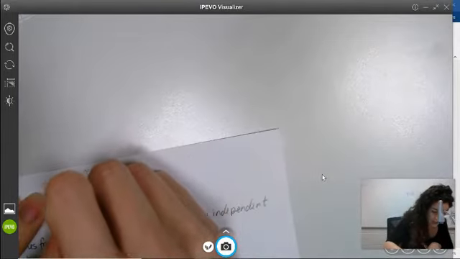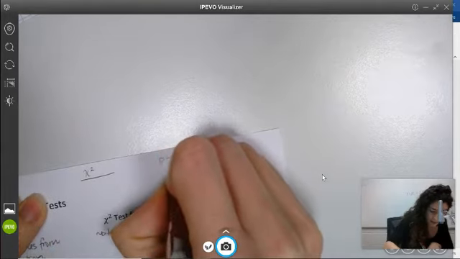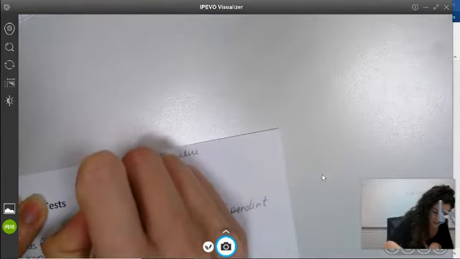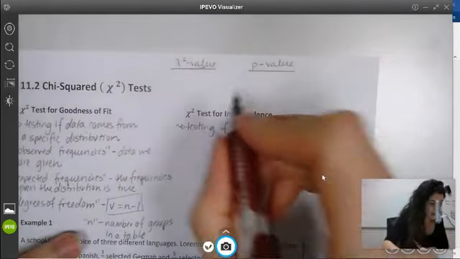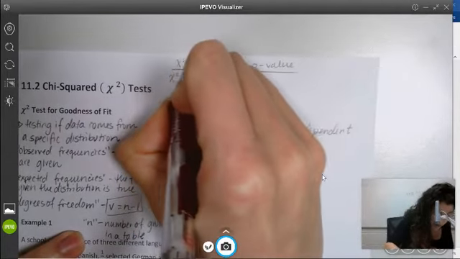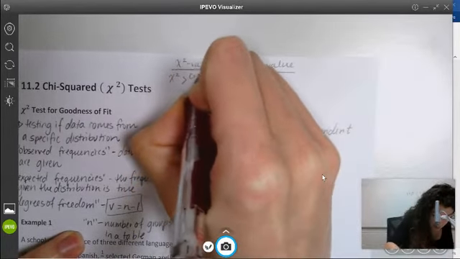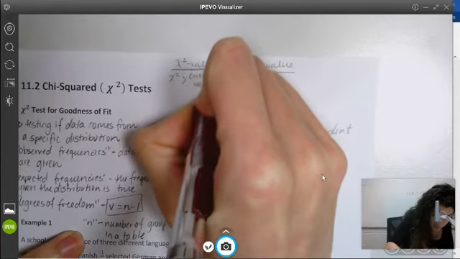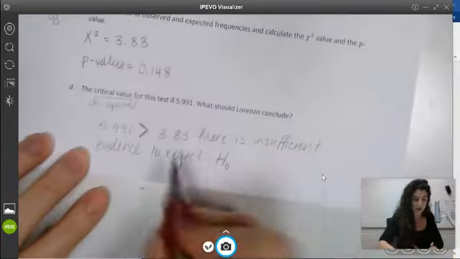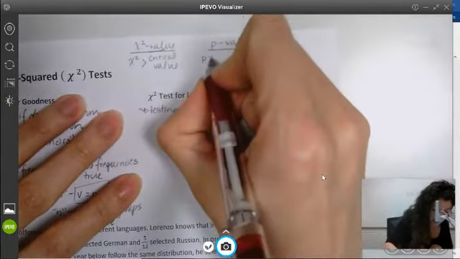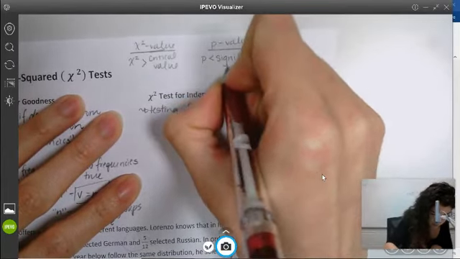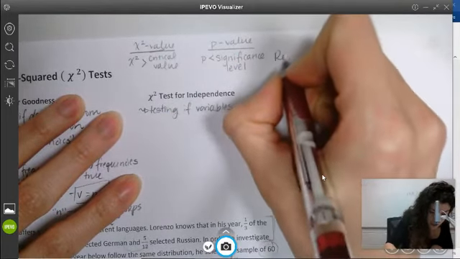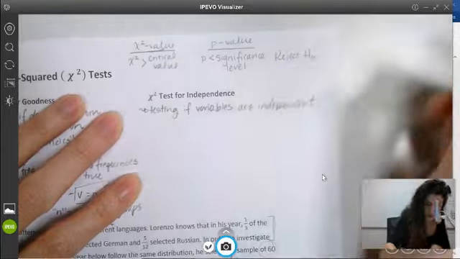So you can either talk about the chi-squared value or you can talk about the p-value. They both come from the same place in your calculator. When we're talking about the chi-squared value, if the chi-squared value is greater than your critical value, or if your p-value is less than your significance level, then you can reject the null hypothesis.